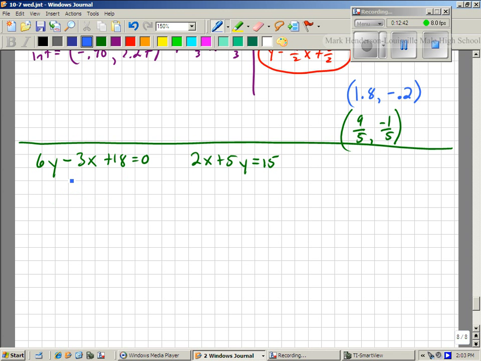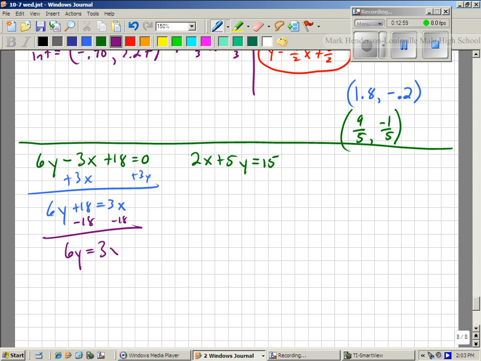So here's what you do with the first problem. You add 3x to both sides first, which gives you 6y plus 18 equals 3x. Then you subtract 18 from both sides, which gives you 6y equals 3x minus 18. You could have actually done that in the opposite order, but it doesn't really matter which order you do it in. I think it's easier to do it like this, just out of personal preference.